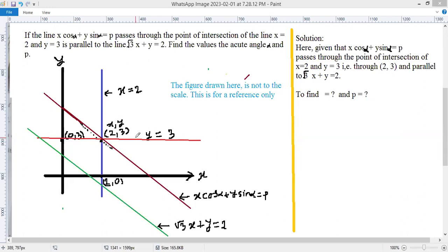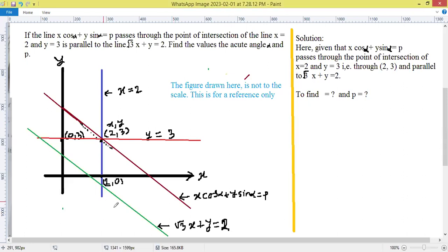So this is the equation of the line y equals 3. Now let's draw the line root 3 x plus y equals 2. Although this graph is not to scale, this is 2, not 1.